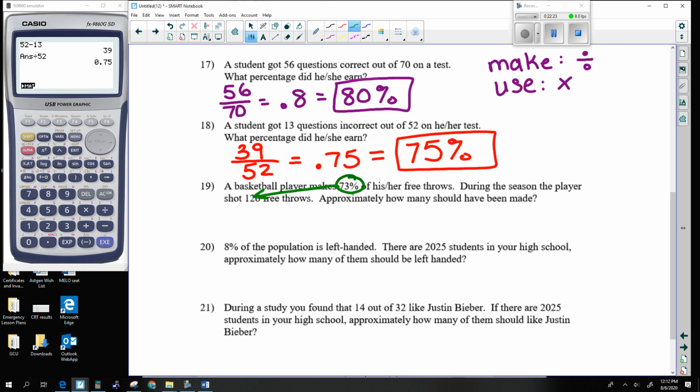So the first thing we do is we take the percentage as a decimal. 73%, move it 2 decimal places. That would be 0.73. 0.73, 73% of, multiply, 126.